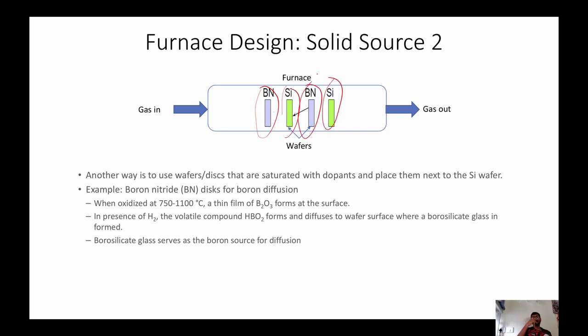Alternatively, we can place the source and substrate alternately. In this one, the gas will take care of the out diffusion of whatever is there in the gaseous form, and these wafers will get diffusion at the higher temperatures. From here, this boron will go, and the boron oxide B2O3 will be formed over the silicon.